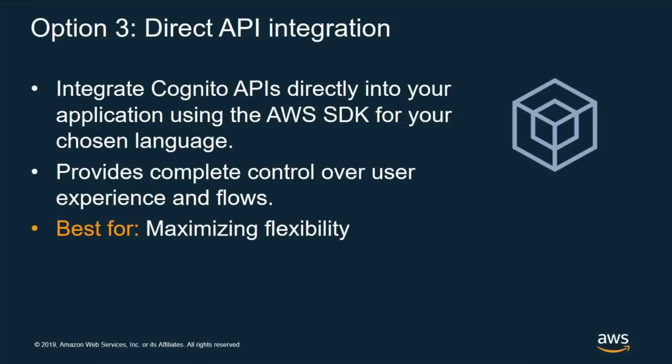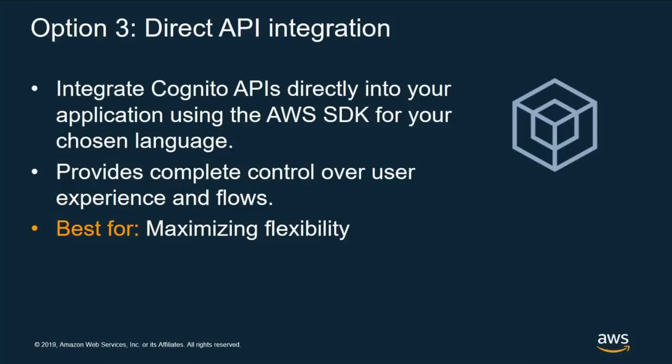And then finally, the third option, and this can be used in concert, honestly, with either of the first two: you can just directly integrate with the Cognito APIs. So you would take the AWS SDK of your choice, whether that's Boto for Python or any of the languages that we have an SDK option for, and you would simply write directly to the Cognito APIs.